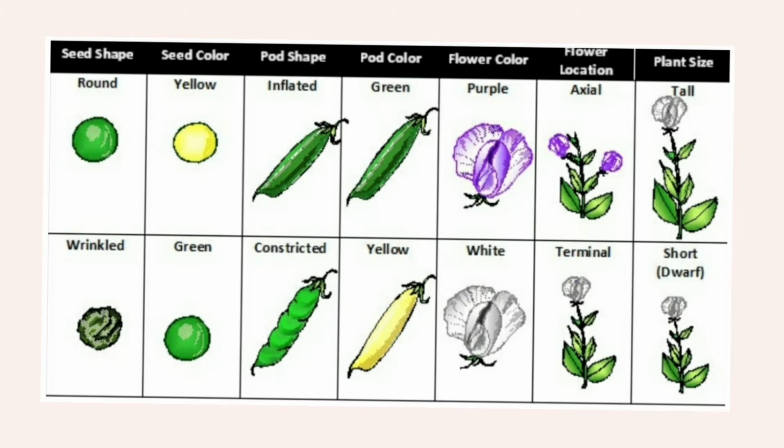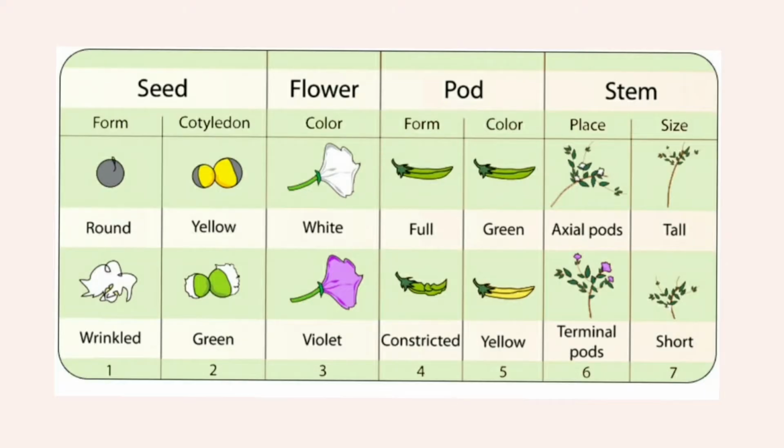Mendel selected 7 pairs of contrasting characters of pea plants for his experiments. Each of these characteristics had 2 forms. The characters included height, seed shape, pod shape, color of the flower, color of the seed, and position of the flower.